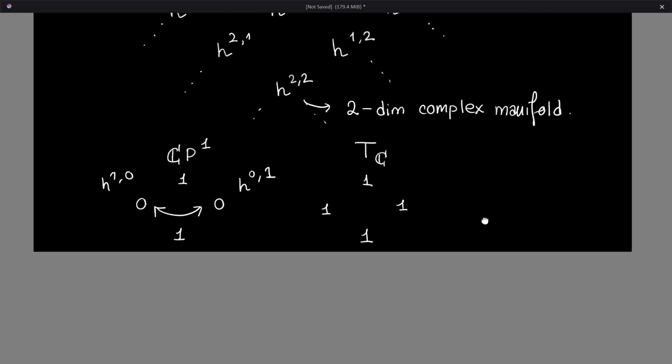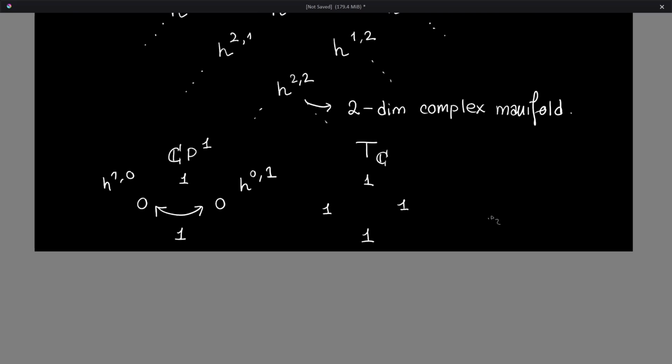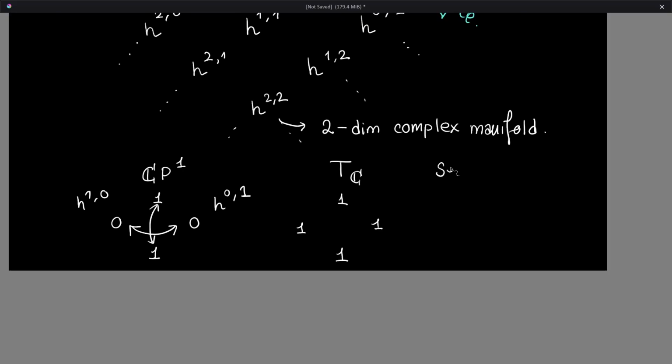There's another symmetry, which is the symmetry from here to here, and that symmetry is called Serre duality. This is actually a result from sheaf cohomology that we didn't get the chance to look into, but let's just state the duality. This says that h^{p,q} is equal to h^{m-p,m-q}.